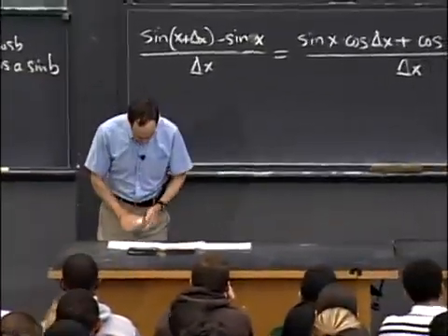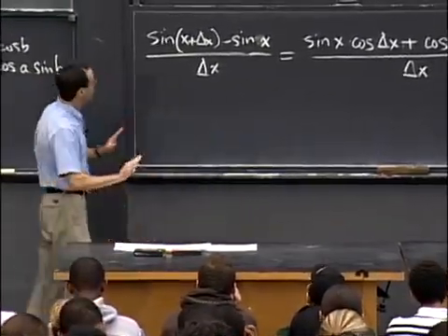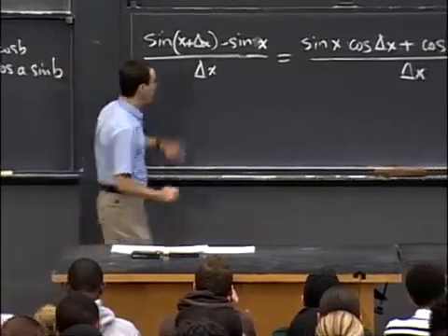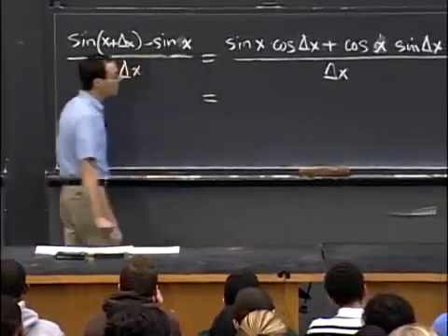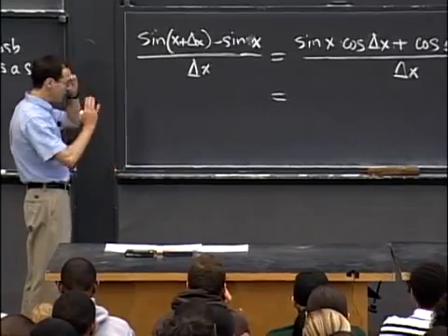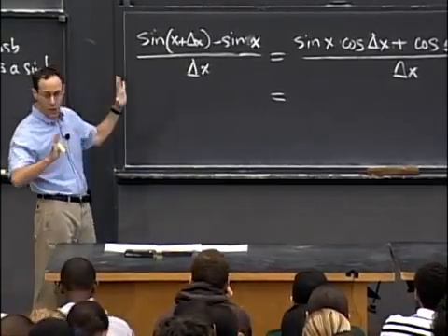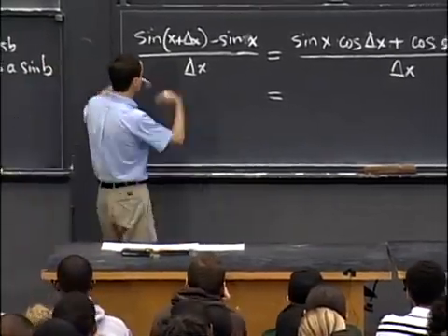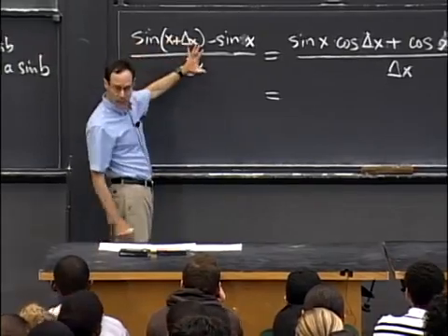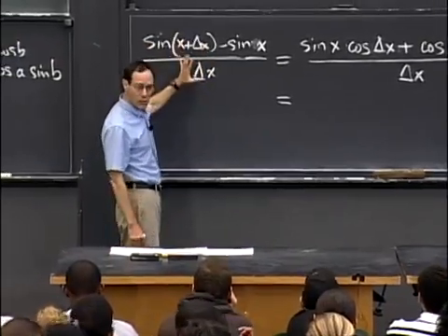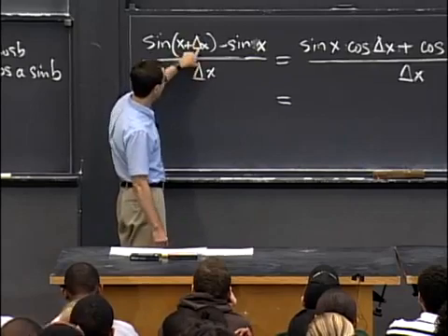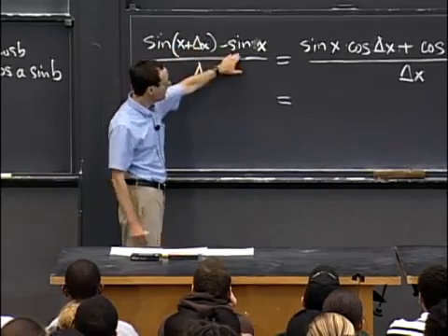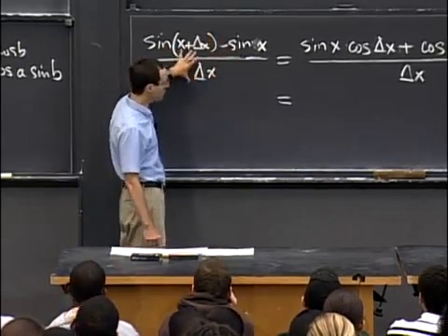All right, so now, the next thing we're going to do is try to group the terms. And the difficulty with all such arguments is the following one. Any tricky limit is basically 0 over 0 when you set delta x equal to 0. If I set delta x equal to 0, this is sine x minus sine x, so it's a 0 over 0 term.